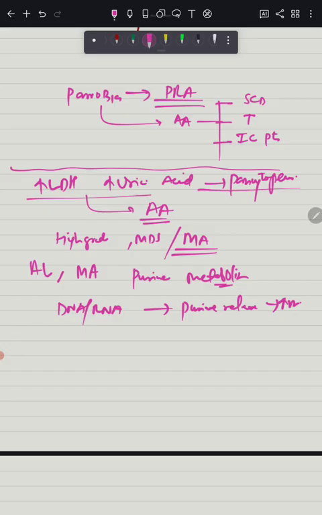So that's why it is seen in leukemias, especially AML or ALL. Also in this setting, tumor lysis syndrome, high-grade lymphomas, and MDS when there is ineffective erythropoiesis.